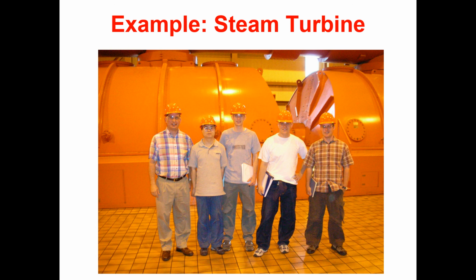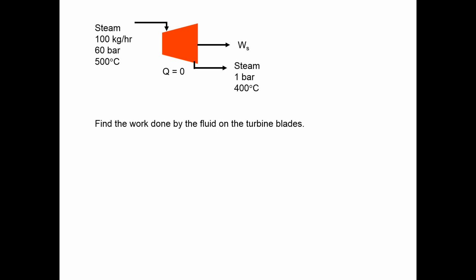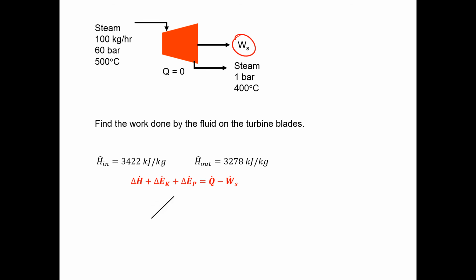Here's a steam turbine. They're very large at these power production companies and plants. Let's say we want to calculate the shaft work, and we know a difference between enthalpy in and enthalpy out. Then we just use our energy balance equation.